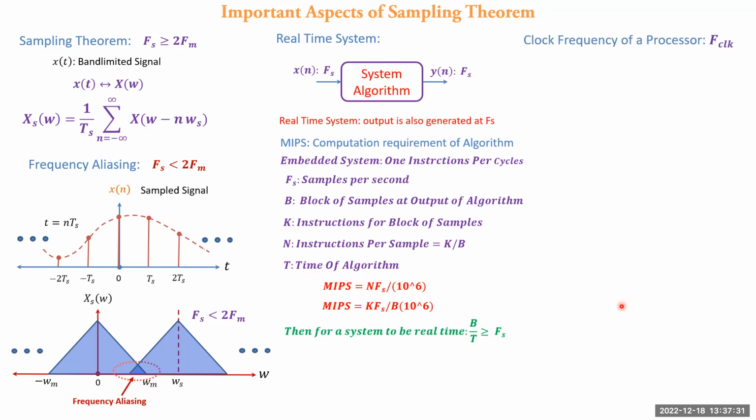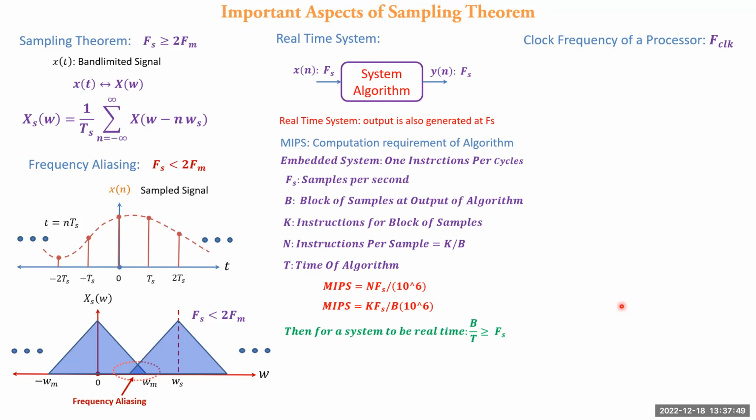Now there is another important concept if you want to study the real-time system, and that is power consumption, which is a very important factor because most embedded systems operate on a battery.